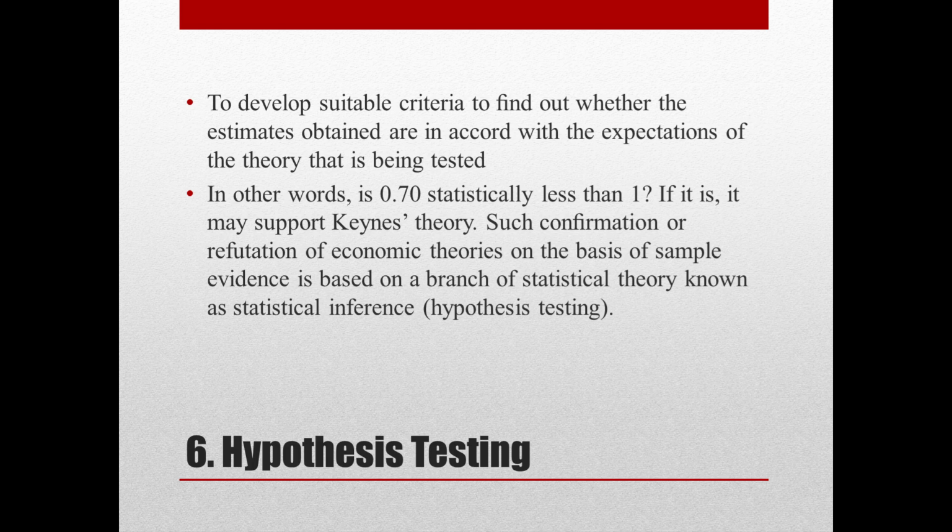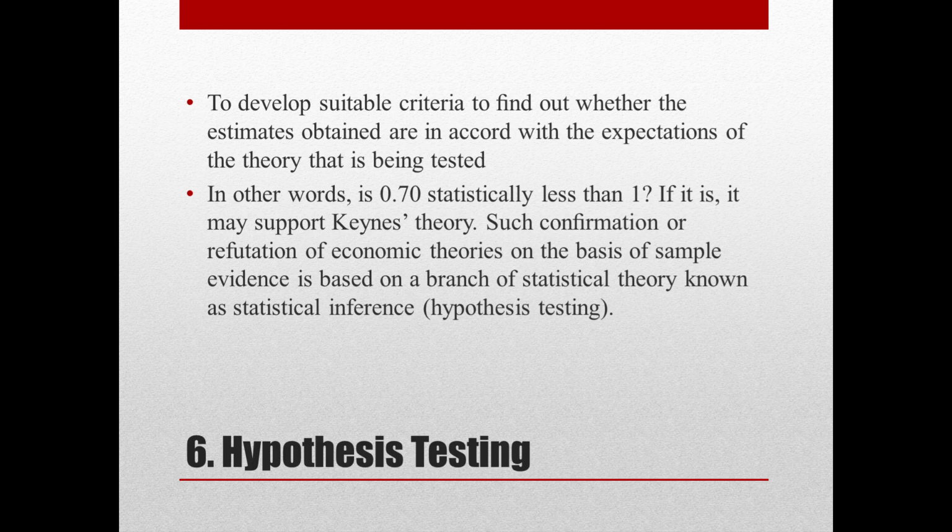So with the help of hypothesis testing, we'll check whether the estimate of beta 2, that is this 0.70 we have obtained, is statistically less than 1 or not, statistically significant or not.